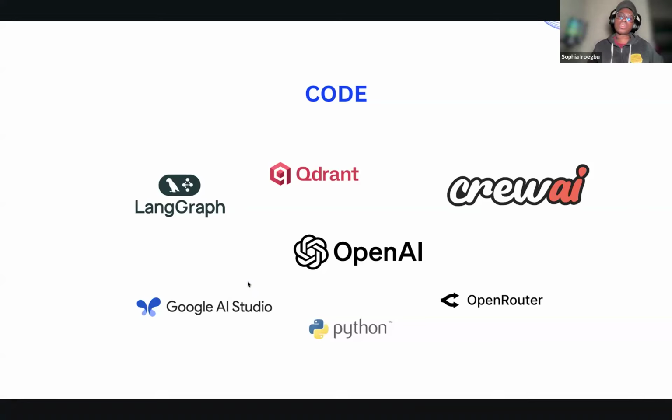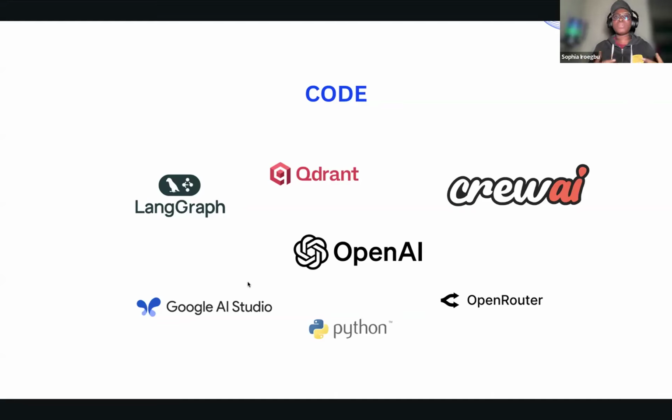Now let's talk about building AI agents with code solution. Of course, you can build AI agents using any type of programming language, but my main programming language, my go-to, is Python. So all the solutions I will be talking about would involve writing in Python. Of course, you can use these same tools in JavaScript or in Rust or any other programming languages.